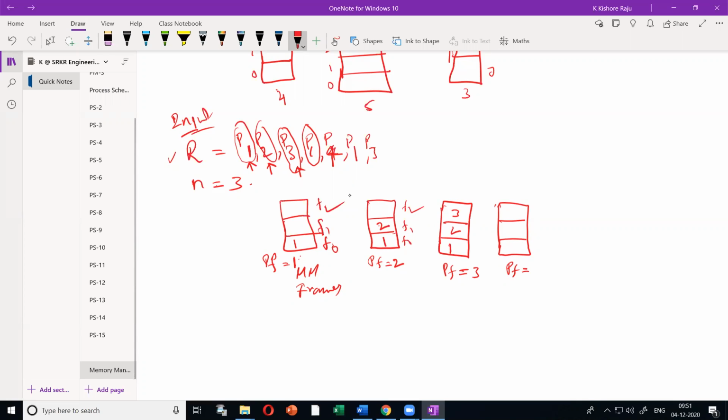No. Why would a page replacement algorithm be needed, Sandhya? It is not needed, right? Look, I am requesting for P1. Will a page fault be raised? No, I am requesting page P1 because P1 is already there.